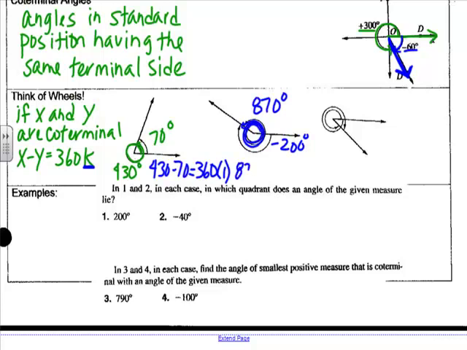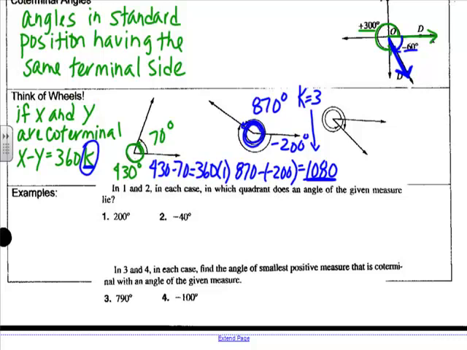So if I take 870 and subtract negative 200, I get 1080. And so the question is, does 360 go into 1080? And it does. You can check it on your calculator, and it goes in 3 times. So in this case, k would be equal to 3.